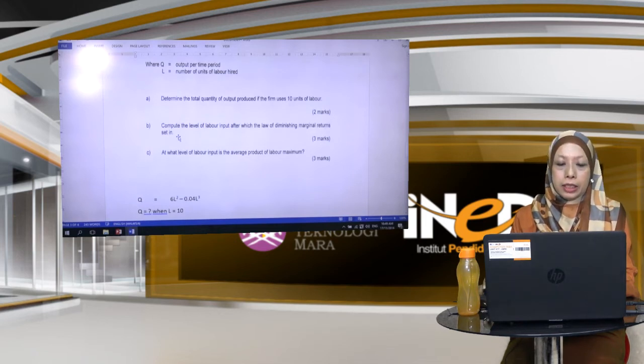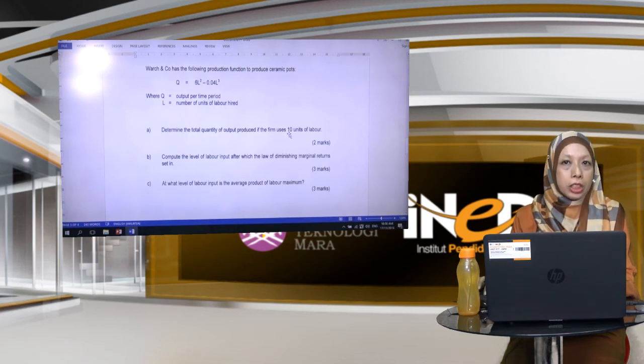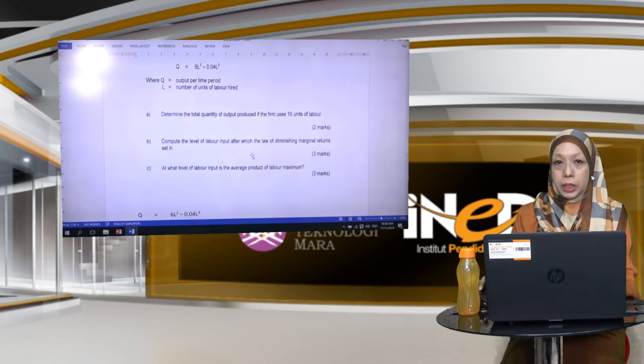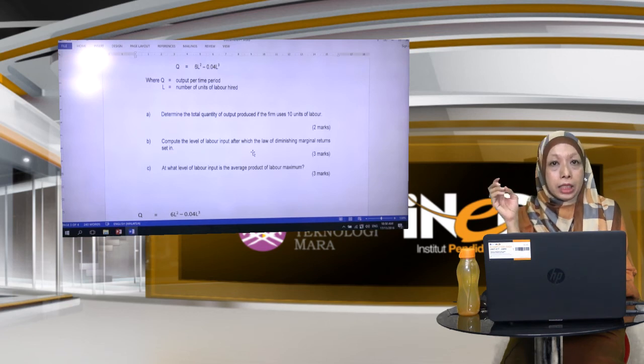The second question says: compute the level of labor input after which the law of diminishing marginal returns sets in. Remember that the law of diminishing returns begins after the maximum point of marginal product. In other words, to answer question B, you need to find L where the marginal product is maximized.